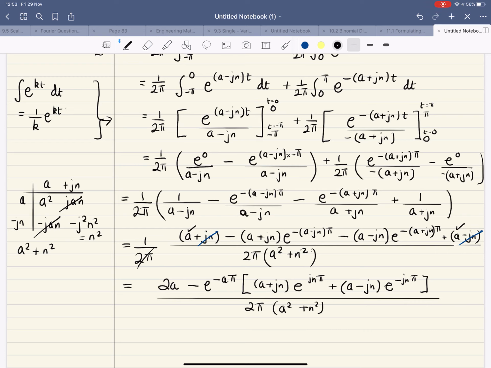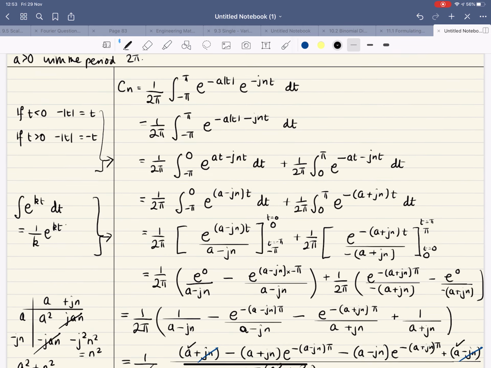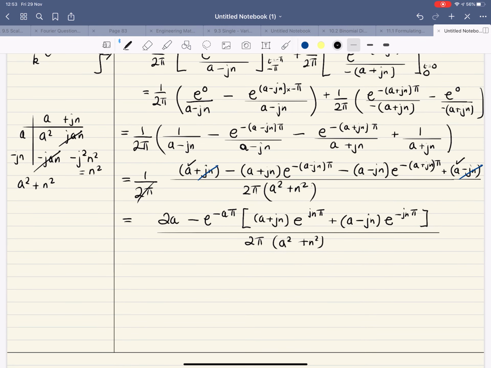Right, so what we need to do now is we continue by simplifying inside the square bracket. We put the a's together and the jn's together. So it's 2a minus e to the minus a pi, square bracket, a e to the jn pi plus e to the minus jn pi. And then we get plus jn, let's just explain where that a comes from.